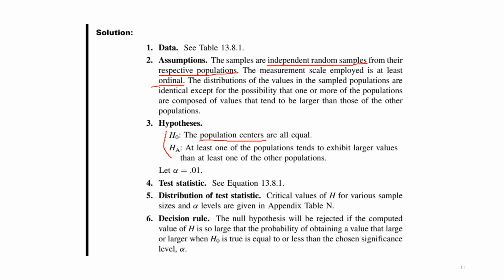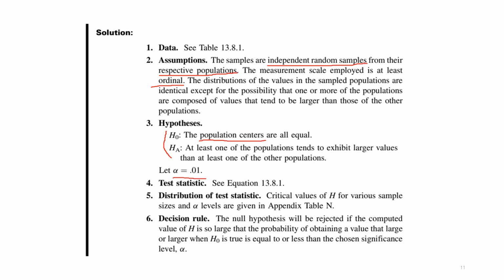So if the 3 population centers are all equal, it is equivalent to all means being the same. The alternative hypothesis: at least one of the populations tends to exhibit larger values. That means the center is not located on one side. If at least one is away from the other 2, then we reject the null hypothesis.